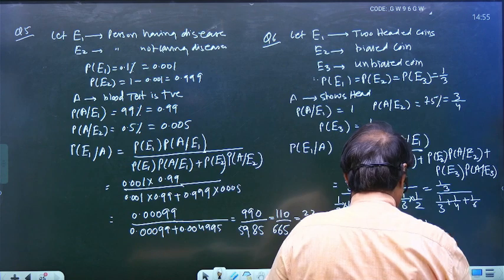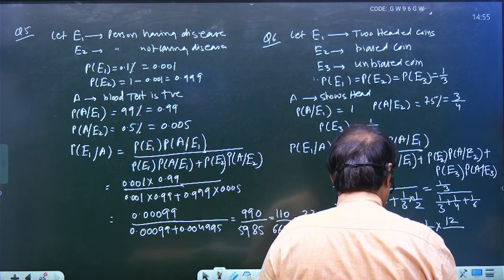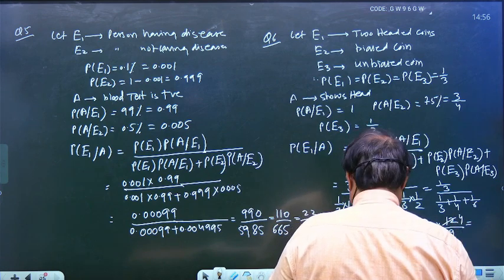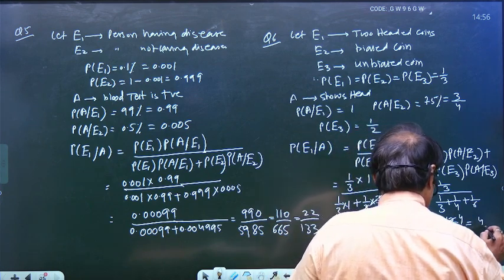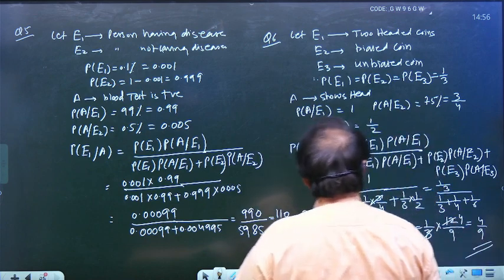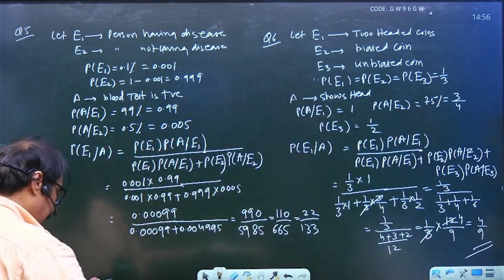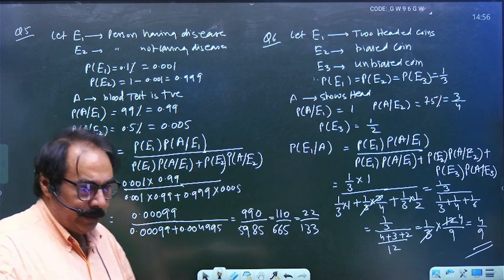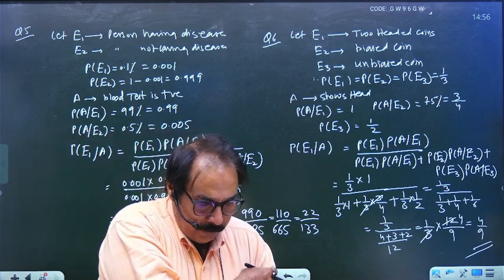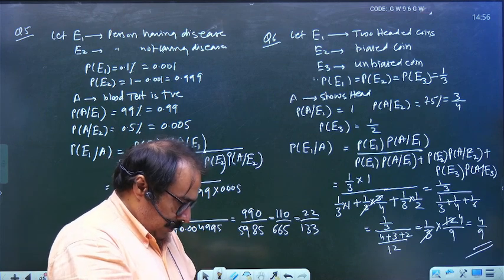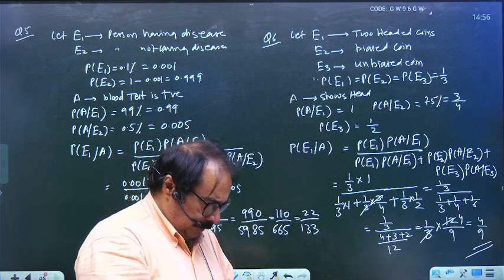So it is 1 by 3, and 12 upon 4 plus 3 plus 2, that is 9. So we can cancel out, 3 4s are 12. So the answer should be 4 upon 9, right? So see how very easy this exercise is, based on the Bayes theorem. Okay, now come to the next question number 7.